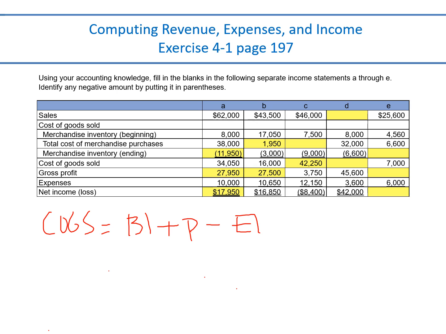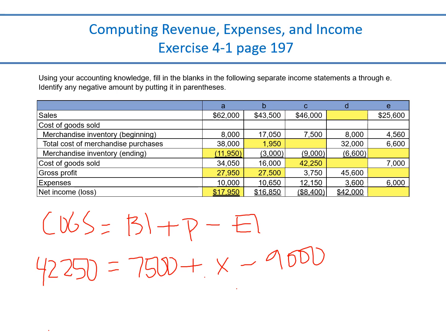Because we know that sales less cost of goods sold equals gross profit. And then now that we know what cost of goods sold is, we can solve for purchases. So we just solved for cost of goods sold for 42,250 equals beginning inventory of 7,500 plus X, we don't know what purchases are, less $9,000, right?